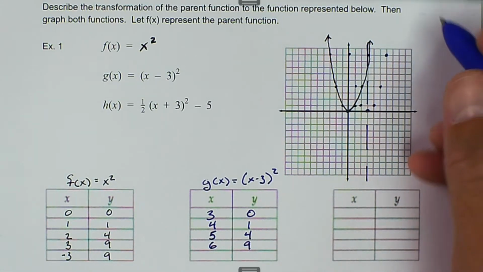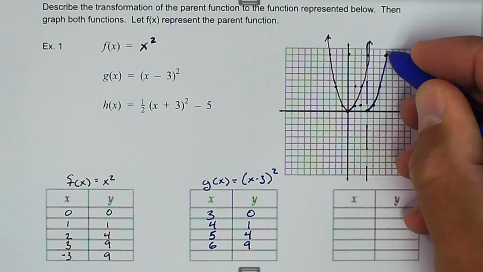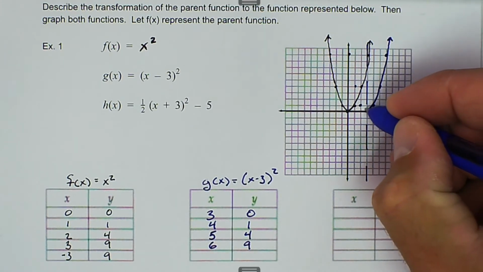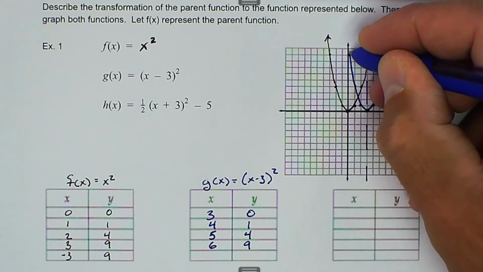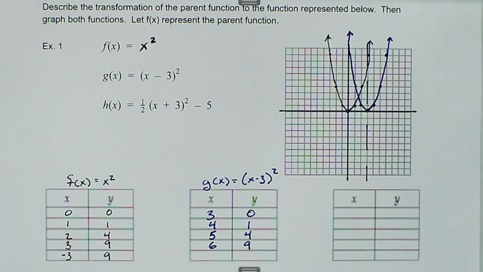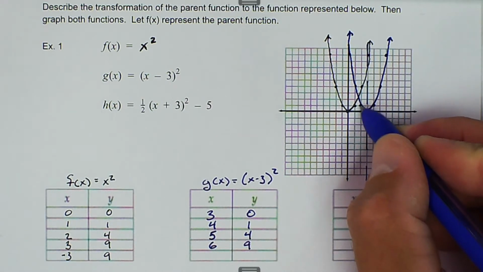And so then we have a parabola that opens up. And we can pick our last point, which is 2, 1.